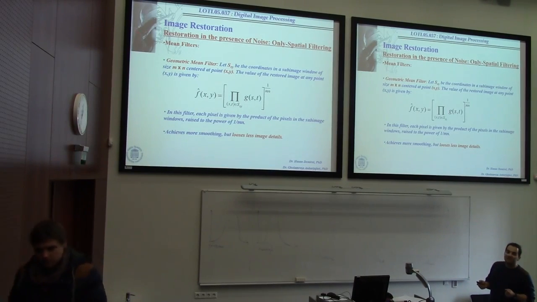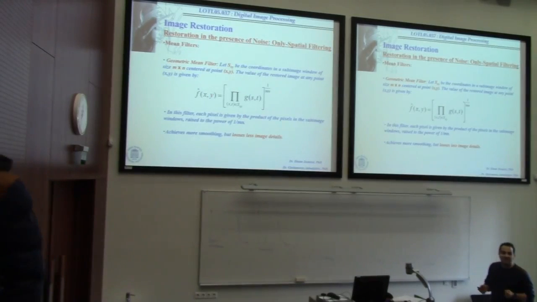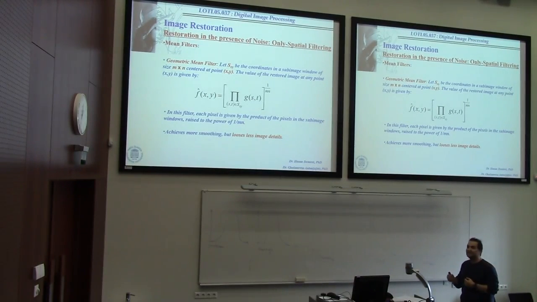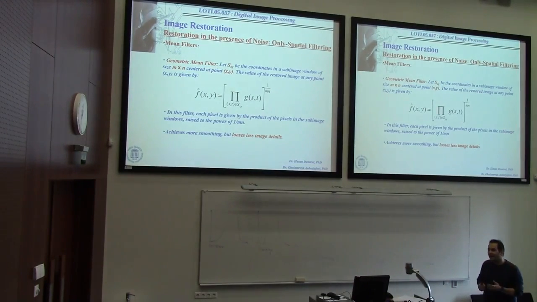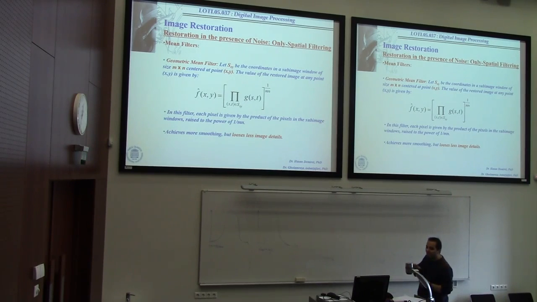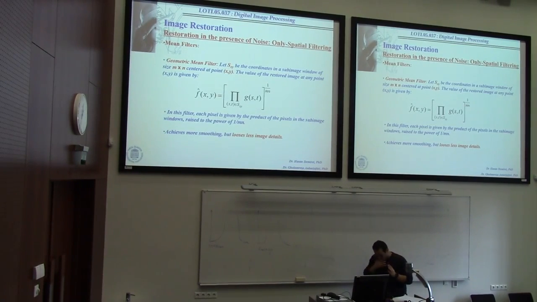And also, after applying this filter on the image, we have a smooth image, but we keep more details in the image. It means that compared with the arithmetic mean filter, in this case we have more details of the image.